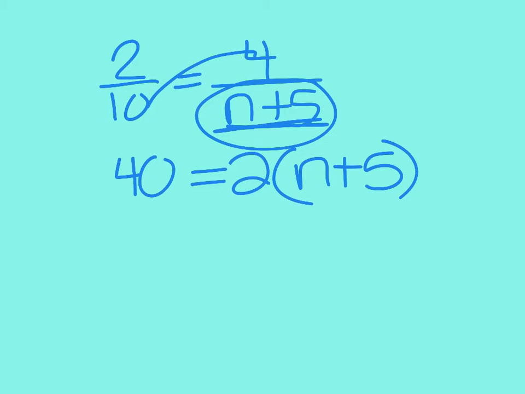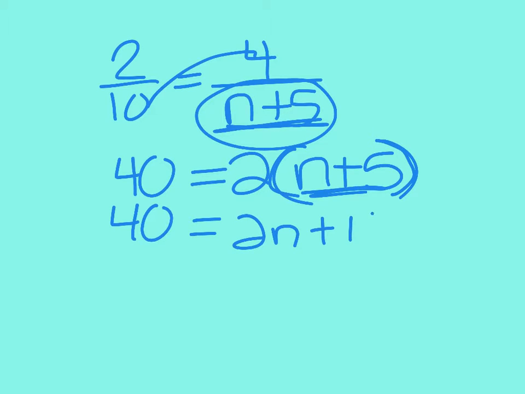Since it's a sum of, remember sum of and difference of, we put parentheses around it because you have to multiply with everything inside. Now we're going to distribute. 2 times n is 2n, and 2 times 5 is positive 10. Now we're at a simple two-step equation, and we solve by doing the opposite.